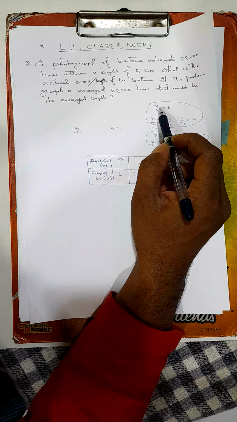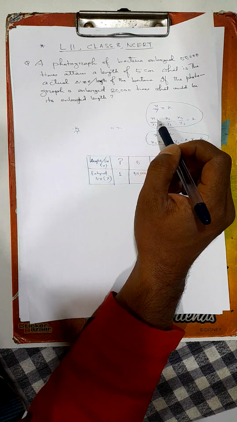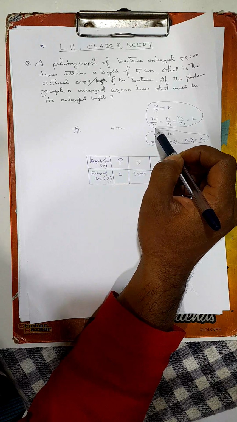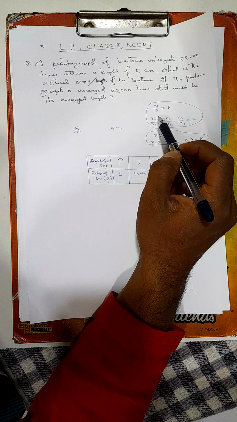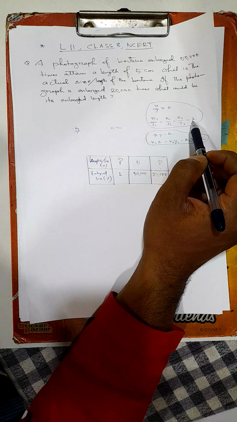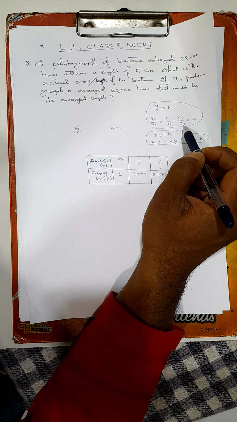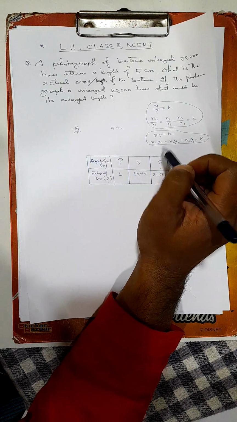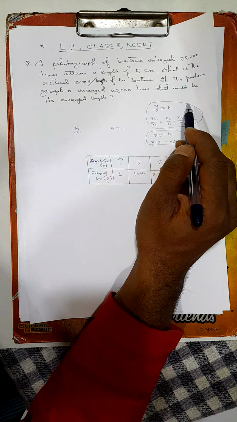That means for different values of x, say x1, x2, x3, you get corresponding values y1, y2, y3, and you find that their ratio x1 by y1, x2 by y2, x3 by y3, etc. is equal to k. So in this case, we say x is directly proportional to y.